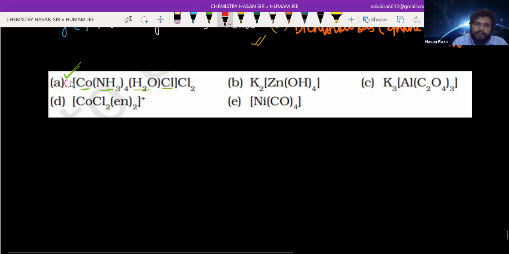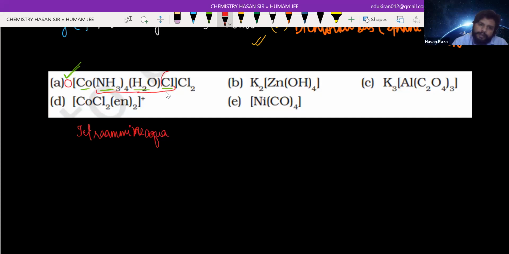There is no positive counter ion, so we directly jump into the complex compound. So the name will be, see what you have missed, tetraammine aqua chlorido. Then comes your central metal atom.